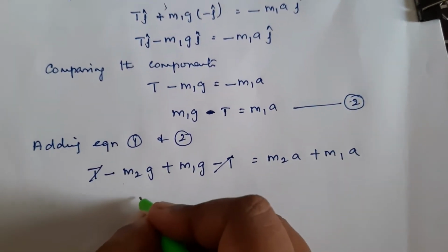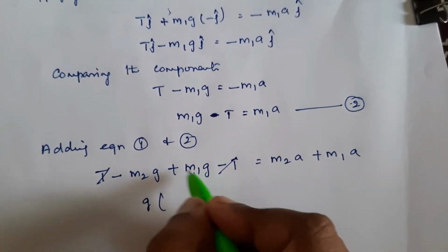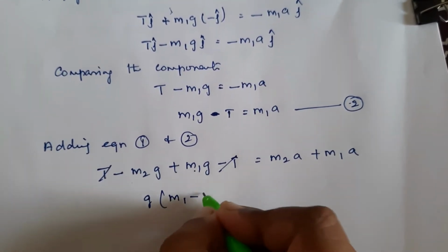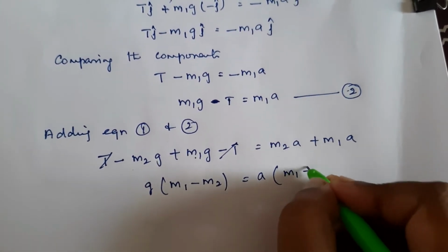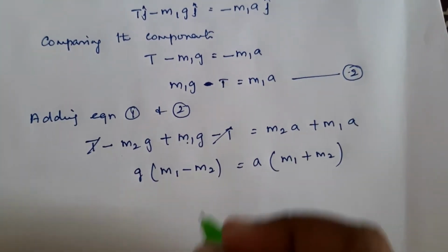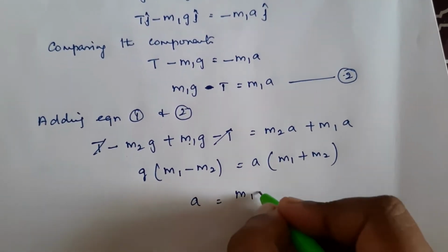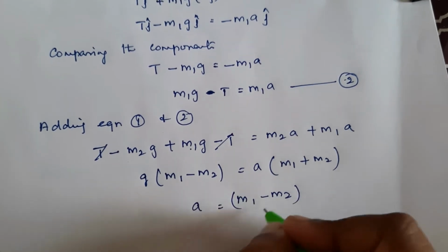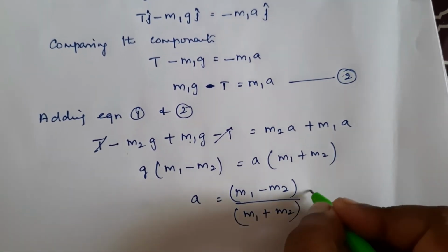So what I'll get is g into (m1 minus m2) is equal to a into (m1 plus m2). So a is equal to (m1 minus m2) by (m1 plus m2) into g.